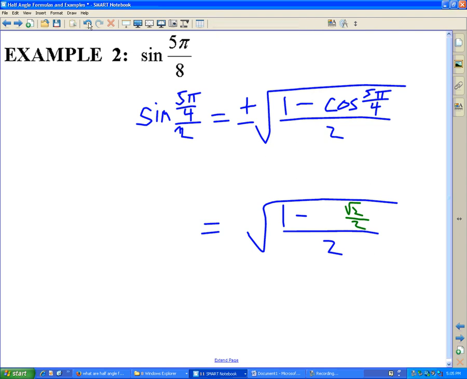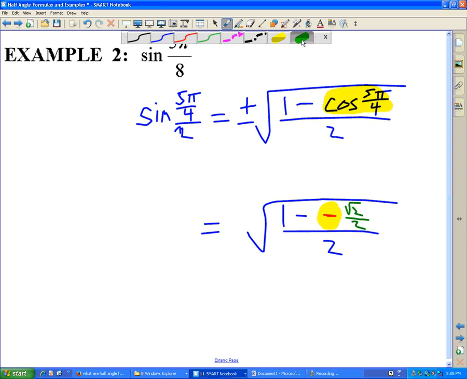That's simple enough. But what quadrant is 5 pi over 4 in? Well, 5 pi over 4 is in quadrant 3. And cosine, which is an x value, is negative in quadrant 3. So if this is positive or negative, we have to base it on what we see right there. And in this case, it's negative. Okay? So that's one of those decisions we make.